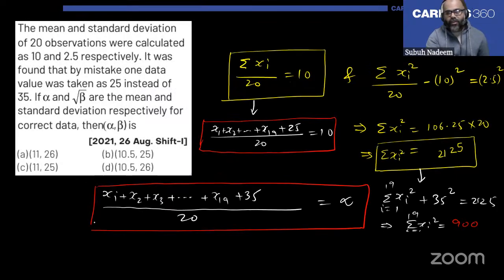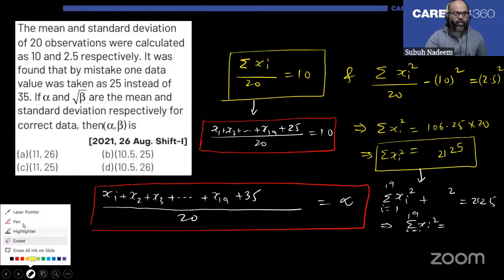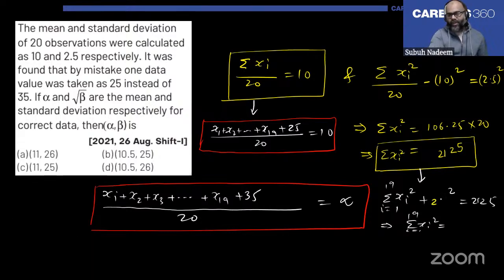Now, one second. I think I have made a small mistake, because the incorrect data was 25. So here you have to take 25 square, that is the incorrect data. 25 square is 625.